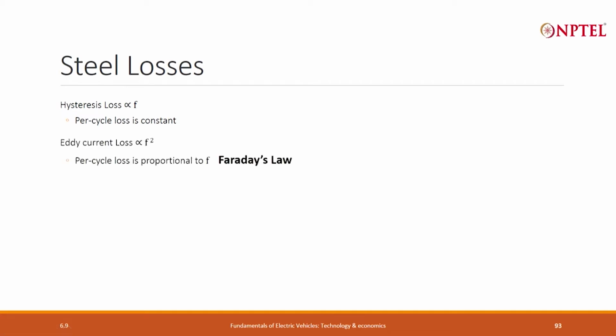So, at higher frequencies, which means at higher speeds, you will get more loss, because the per cycle loss is a constant. Now, the eddy current loss is because of circulating currents which are induced by the flux change, which follows Faraday's law, and Faraday's law tells us that the changing flux will create a voltage, and that voltage will result in a circulating current.